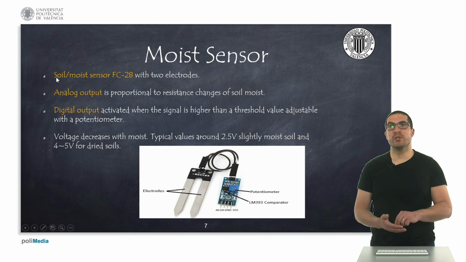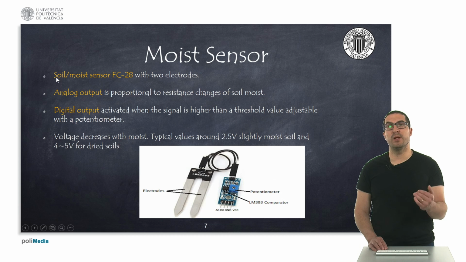We have a potentiometer that we can adjust, and depending on the value we set, there is an analog comparator with some kind of threshold. So whenever the humidity is above or below that value, the digital output will be high or low correspondingly.